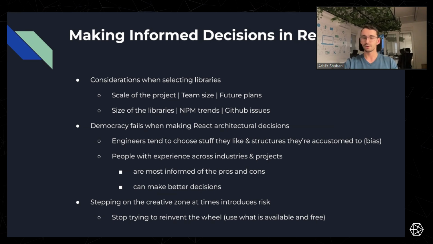So when making decisions, I'd say it's best to consult with people with experience across industries and projects. They are usually most informed about the pros and cons of certain technologies, so they can make better decisions. Usually this is the role of the tech lead because they have more experience and can make those decisions.